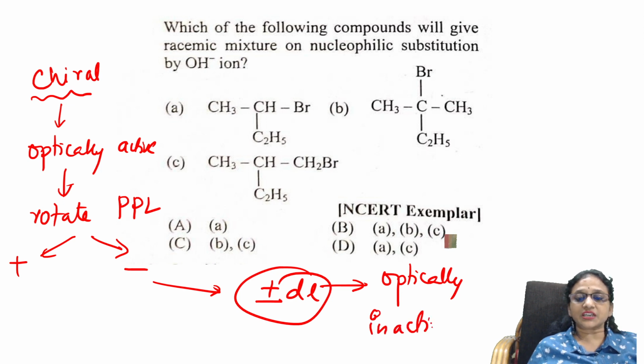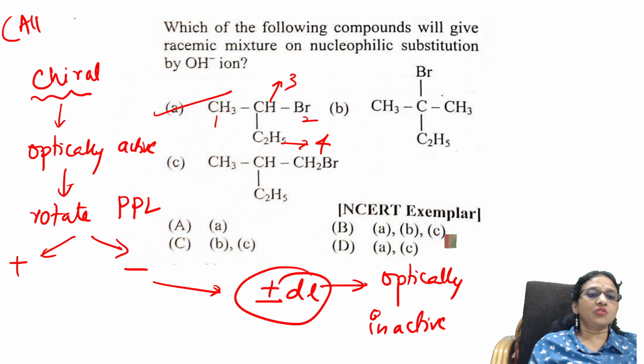Now check which one will give me the racemic mixture. Which is the chiral carbon? See here. Option A is chiral. Why? This is one group, this is a different group, this H is a different group. A chiral carbon has all four groups different. That's all.